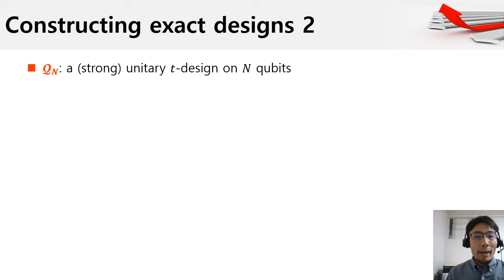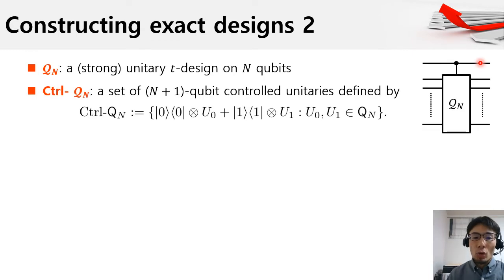To provide an inductive quantum circuit, we have to introduce 3 simple notations. The first notation is Qn, a unitary T design on n qubits. Here we have our new term, strong unitary T design, but this is not very important, so please forget about it. Based on this notation Qn, we define the controlled Qn. This is a set of n plus 1 qubit controlled unitaries.